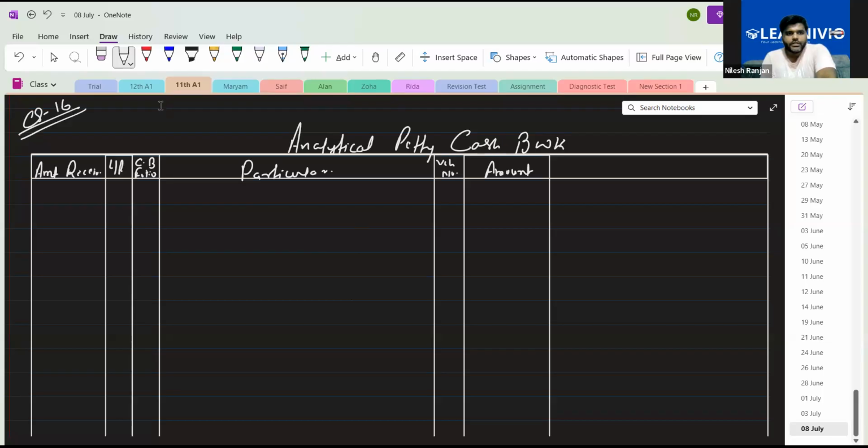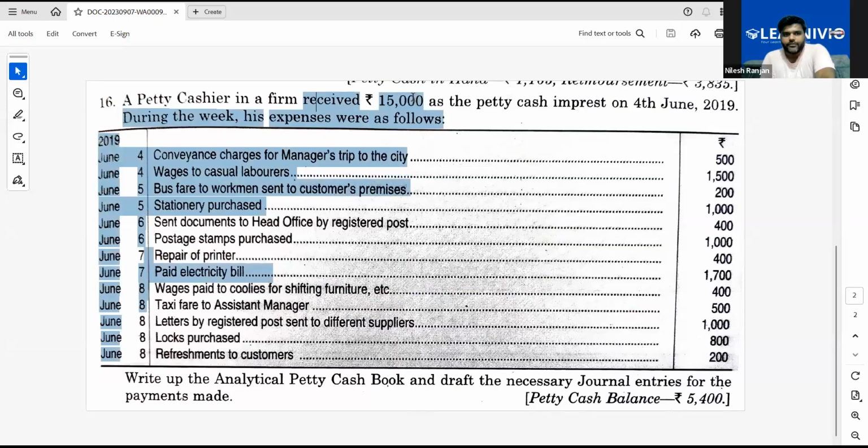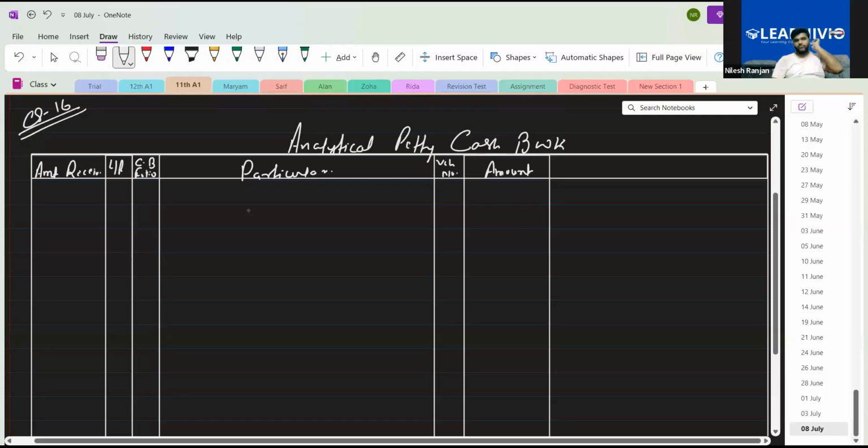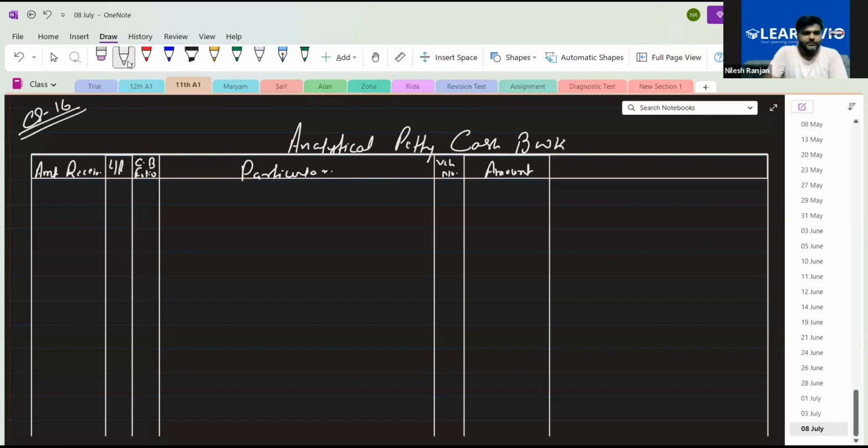first we have to write the amount we have received, 15,000. A petty cashier in a firm received 15,000 as petty cash imprest on 4th June 2019. During the week, his expenses are as follows. So on 4th June, oh sorry, I have left one column, that is for date.